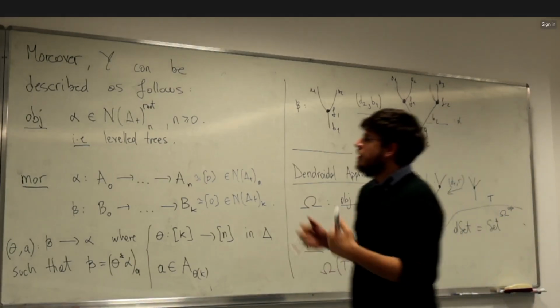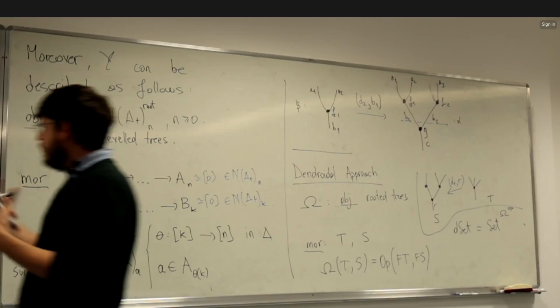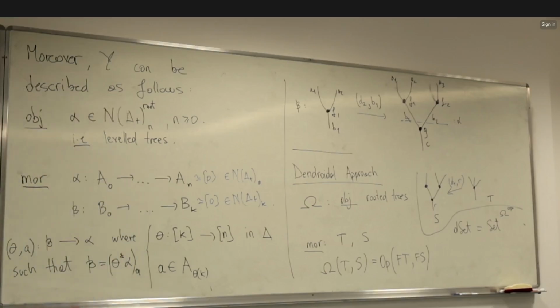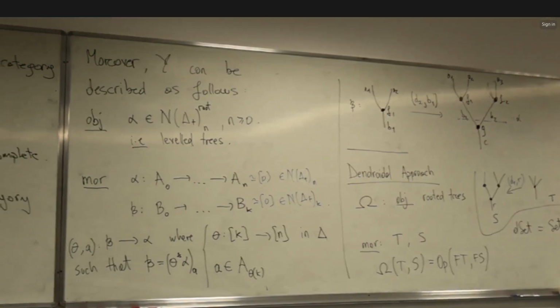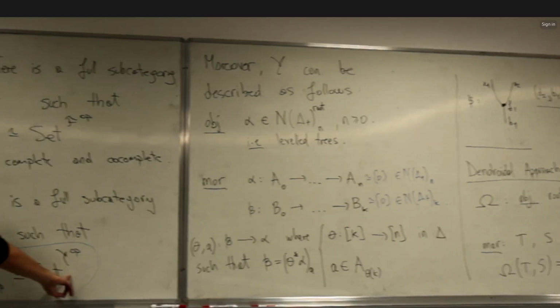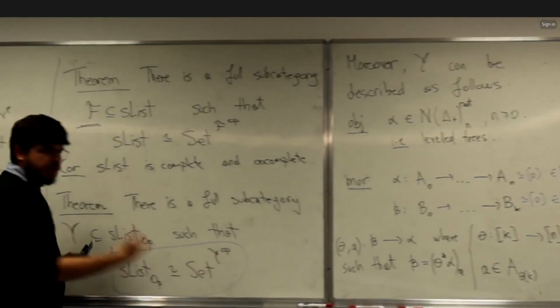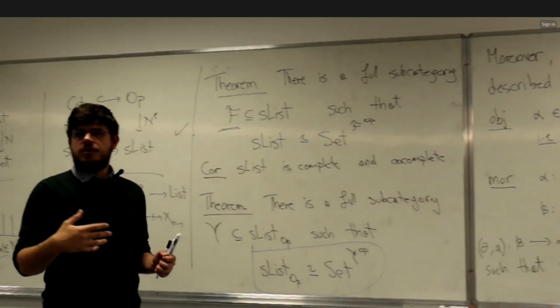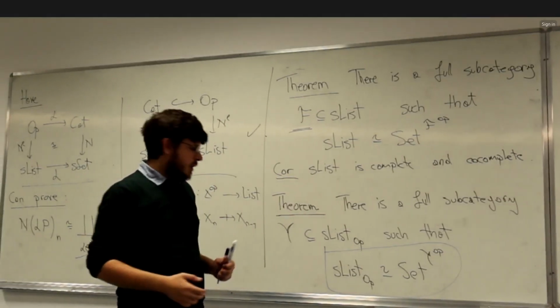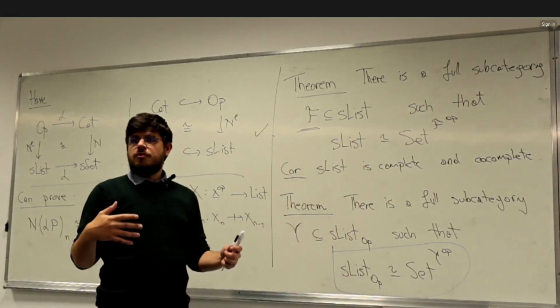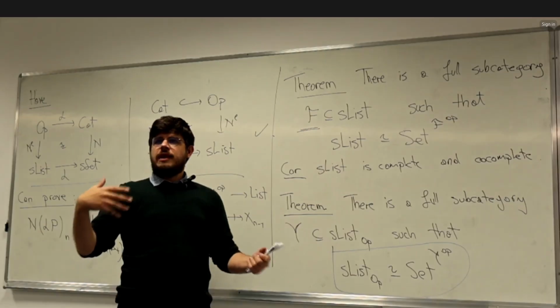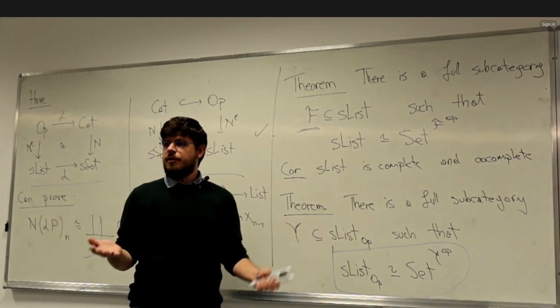And so we have a dual perspective, really. We have two equivalent categories. The right-hand side appeals to the tree intuitions, and the left-hand side appeals to comparison with classical simplicial set theory.